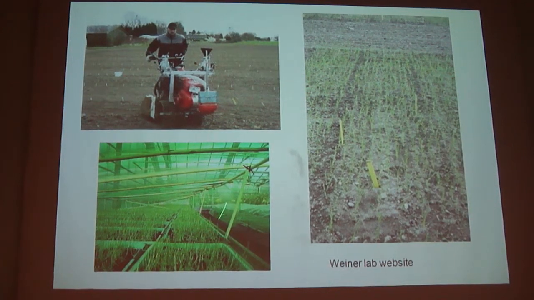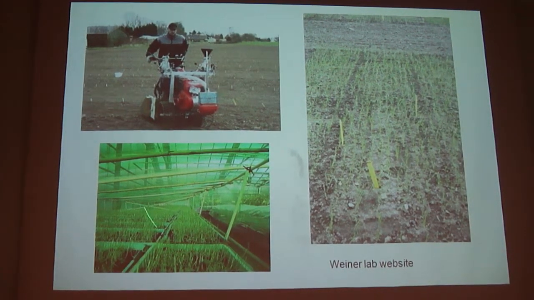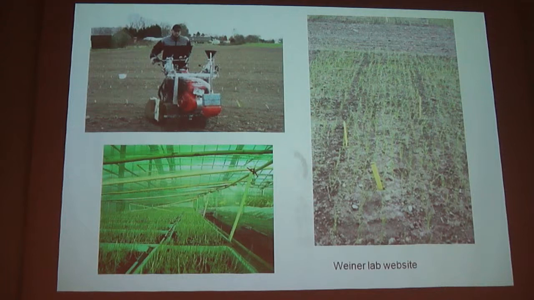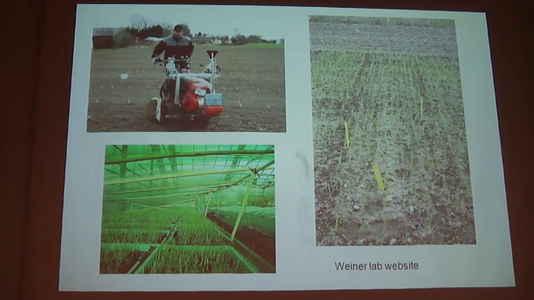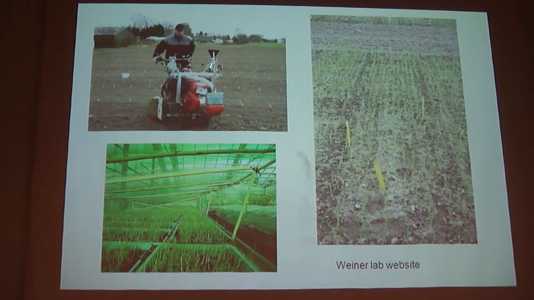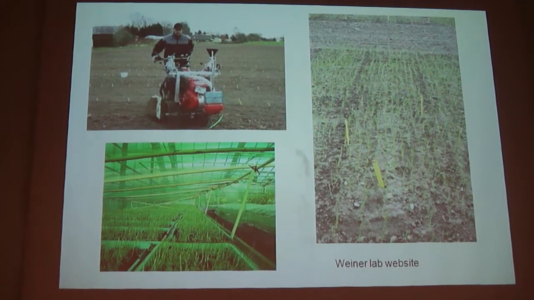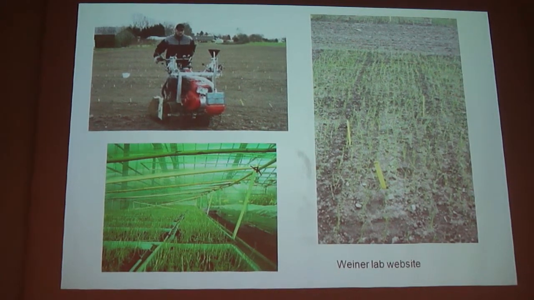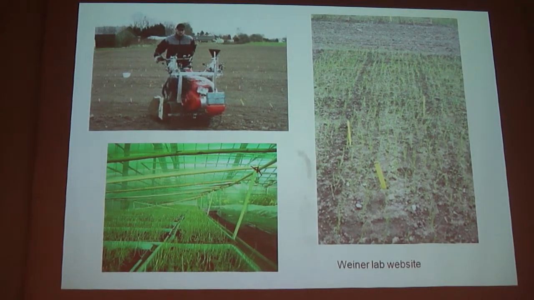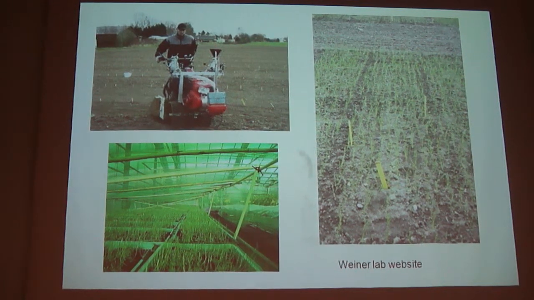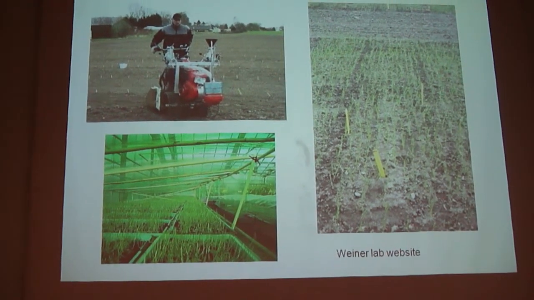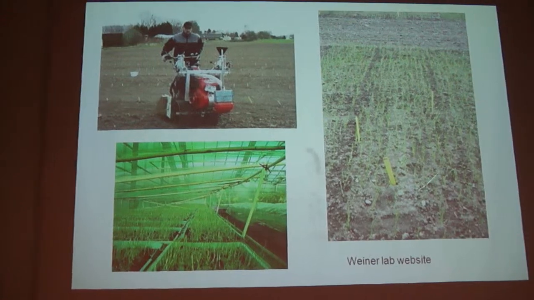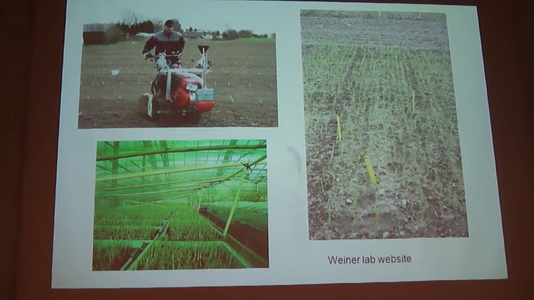They've got shade cloth here that mimics the kind of light environment that plants might be exposed to when they're shaded by neighbors. They're developing hardware for doing their more uniform and closer high-density planting. This is a field example of some of their tests.